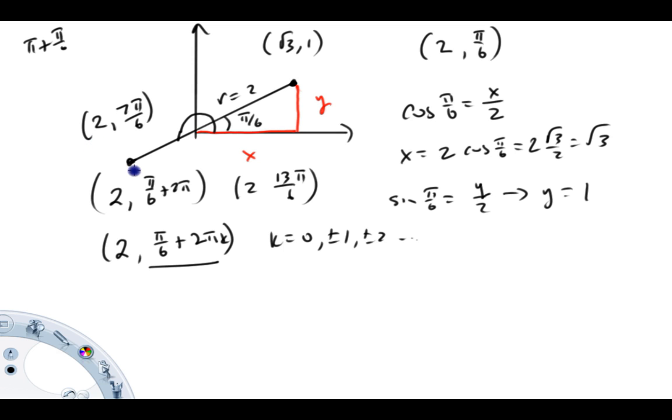So the point 2, 7 pi over 6 puts me here in polar. A negative radius basically means go the other way, for lack of a better way to put it. So if I go to the angle 7 pi over 6 and use an r of negative 2, that would put me back here. So this point, alternatively, can be described as negative 2, 7 pi over 6.